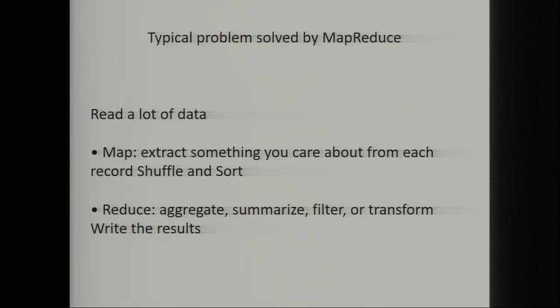Next we have reduce. Of course, reduce is basically where we talk about aggregating, summarizing, filtering or transforming, and giving the results. Now in these two particular points, what the map does, we are talking about each and every node present in a Hadoop cluster. So you can just imagine, I'm not talking only about a single node.